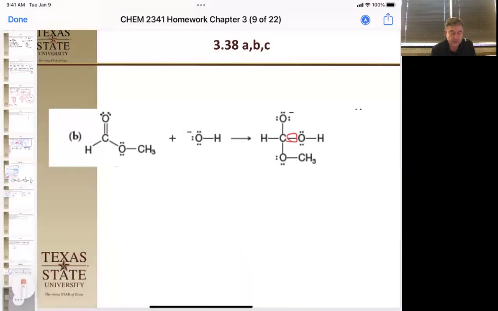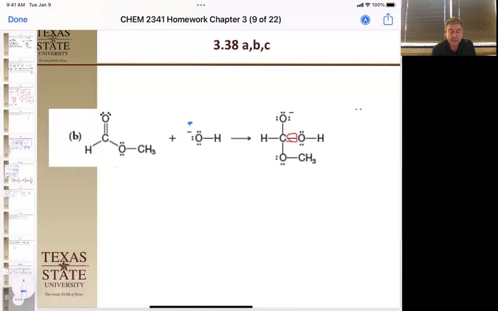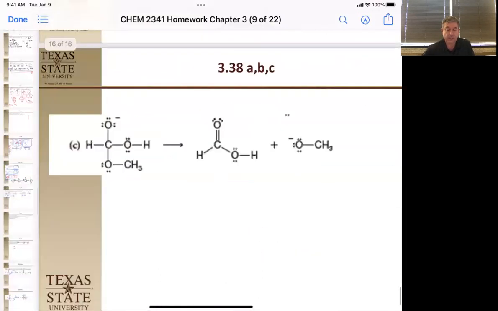These electrons here, instead of attacking the hydrogen, are going to attack this carbonyl carbon, and that's going to move these electrons up to oxygen. So these are the arrows we need: these electrons attack the carbonyl carbon, and the double bond moves up onto the oxygen. All right, let's do the last one.